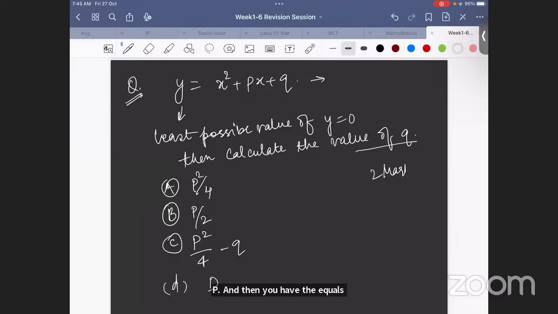It could be a 2 marker, or maybe a 4 marker. Option A. Let everybody try this.